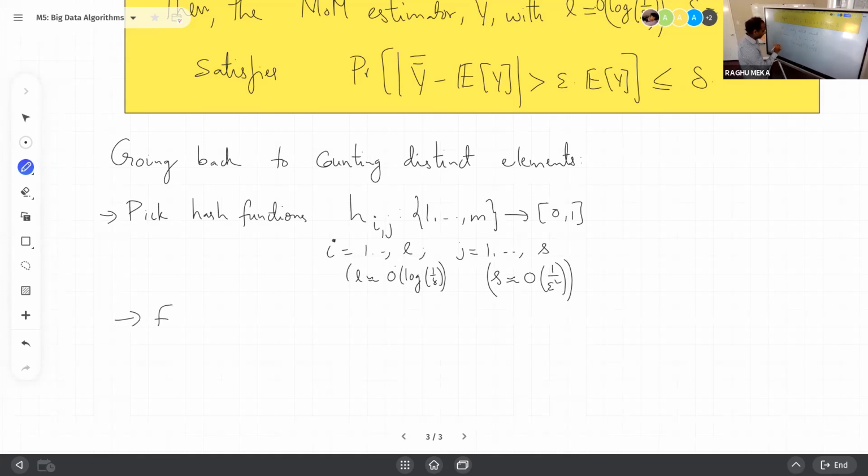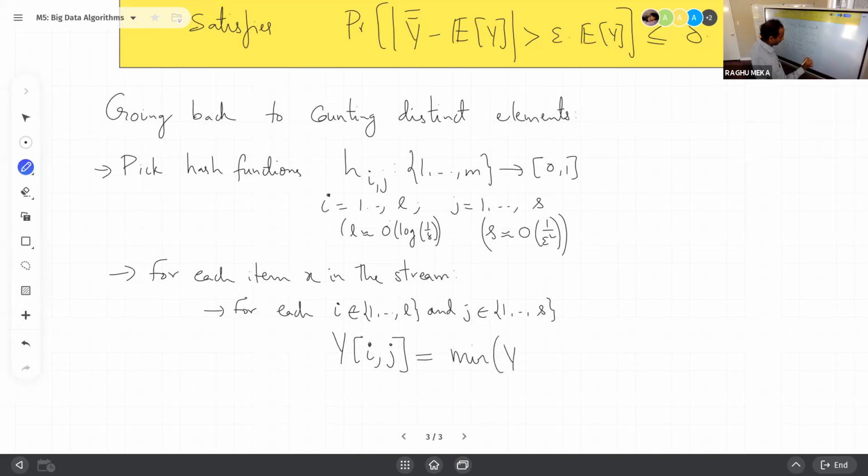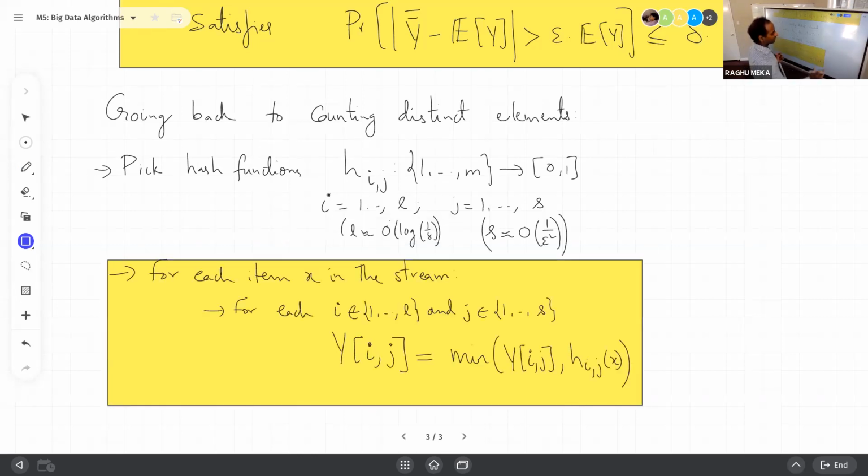Okay, and then for each item x in the stream, for each i, j, let's say, you're basically storing a table, like a matrix, with L rows and S columns, and each one is an independent copy of the previous estimator that we had.